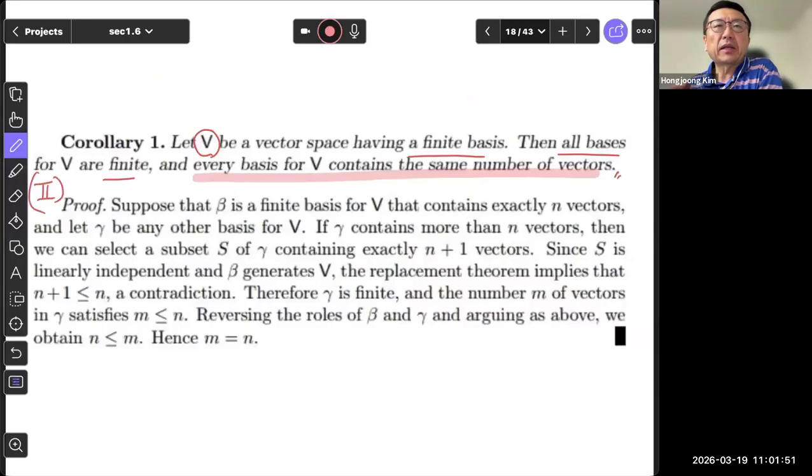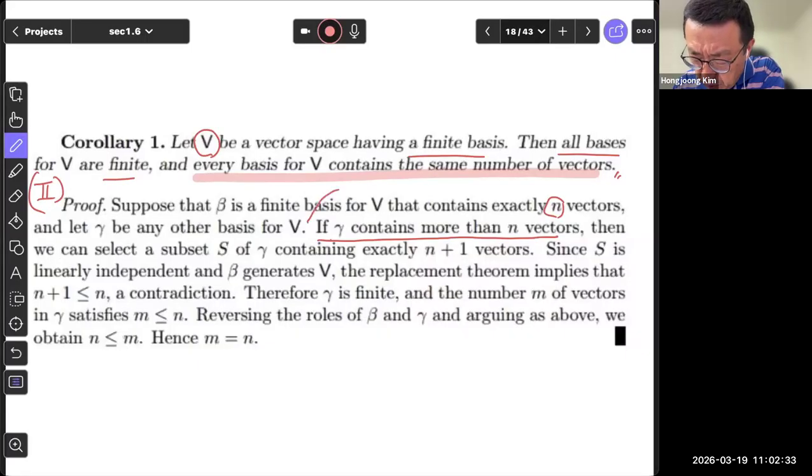So suppose that beta is a finite basis for V with exactly n vectors, and gamma is another basis. Now, if gamma contains more than n vectors, then by the previous theorem, gamma is another basis.